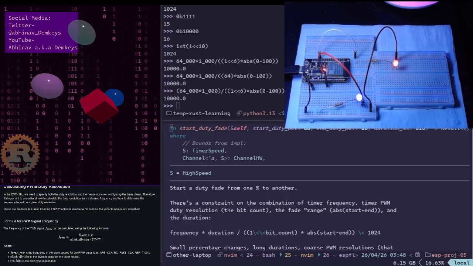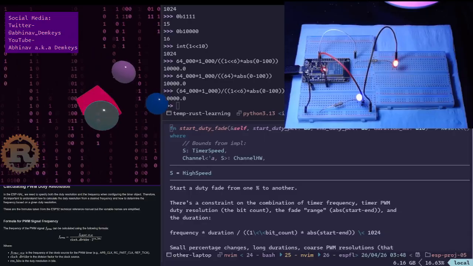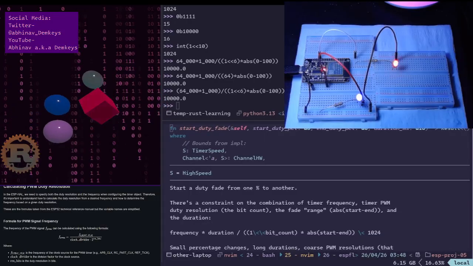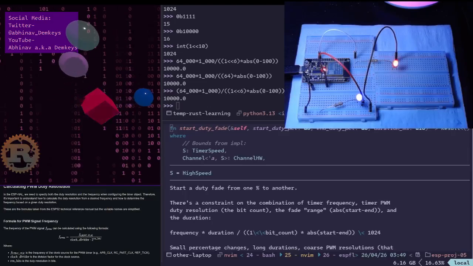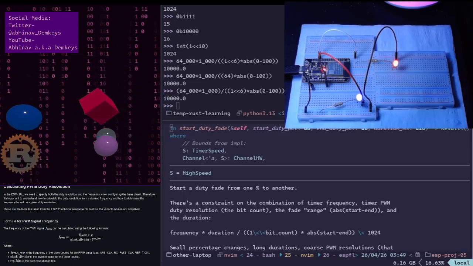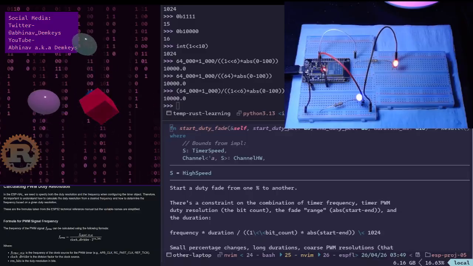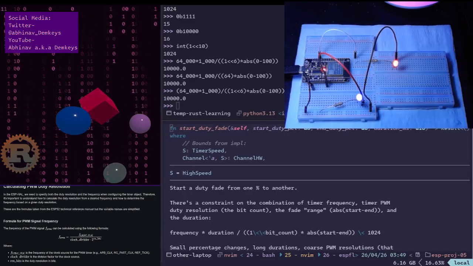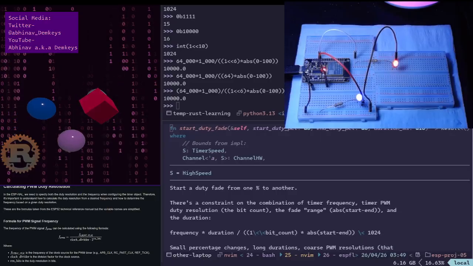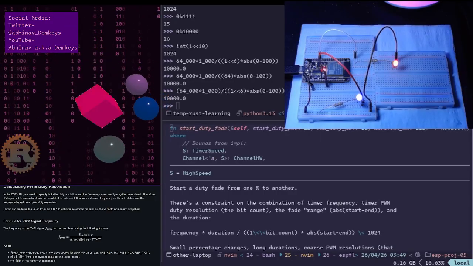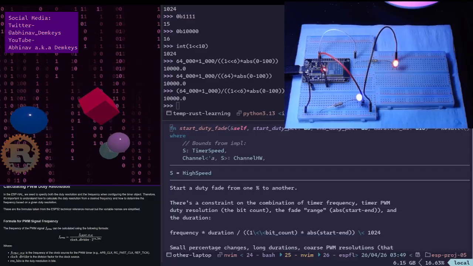Right. Let's open up a new conversation with Gemini. Hey, help me understand this documentation for channel dot start duty fade in ESP32, no STD, Rust, ESP HAL.